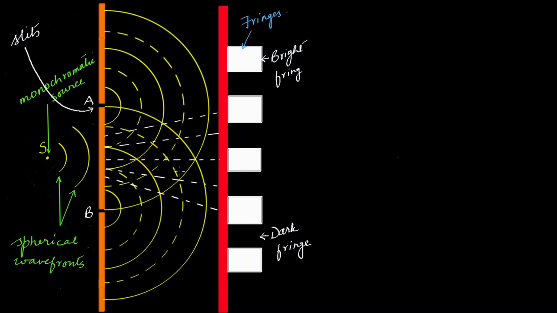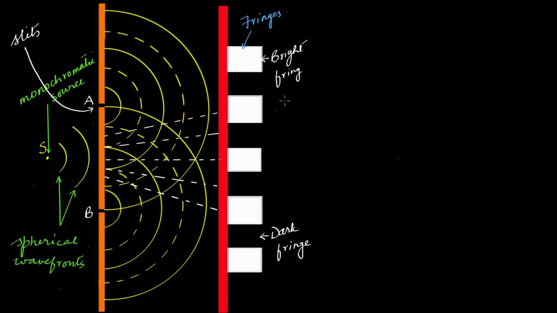So like this, due to the superposition of the light waves coming from two coherent sources. You see, A and B are coherent sources. You will know the meaning of coherent sources in later lectures. So if the waves coming from the coherent sources superpose on the screen, they will produce alternate bright and dark fringes like that.